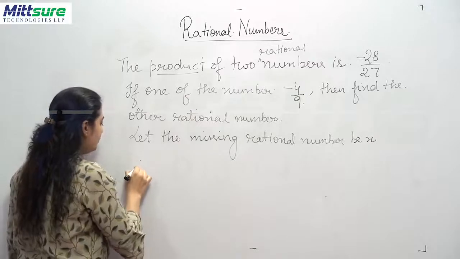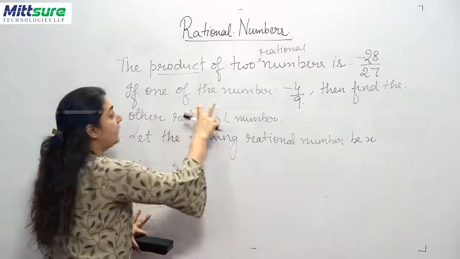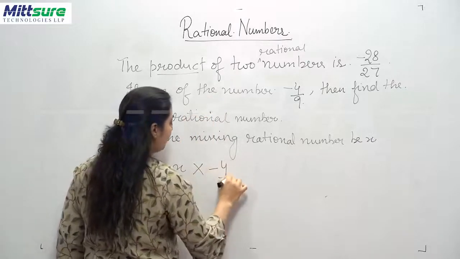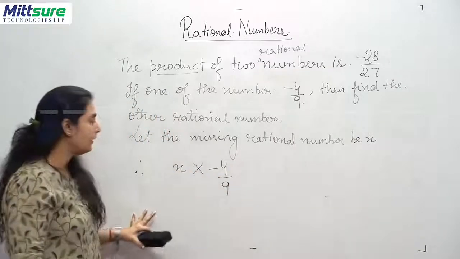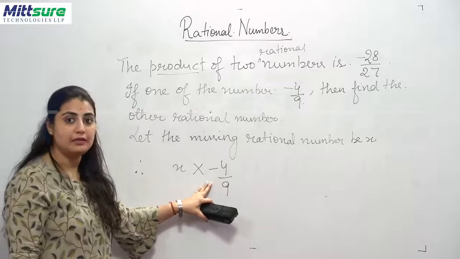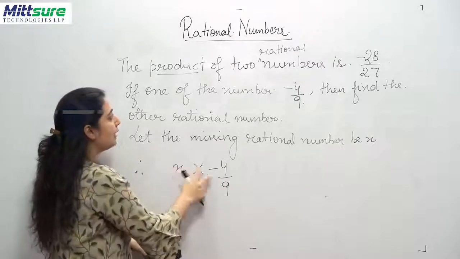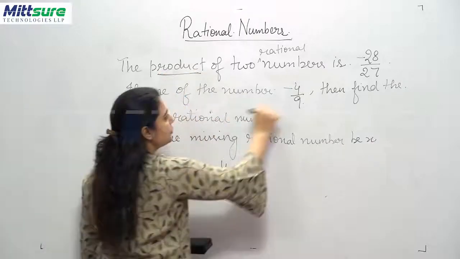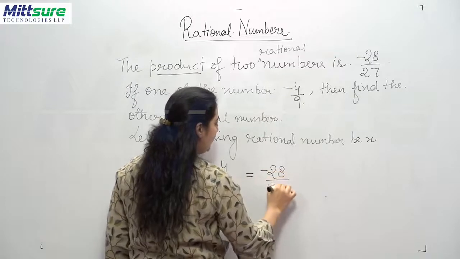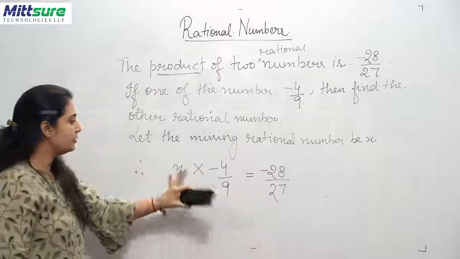According to the question, x is the missing number and the number which is given to you is minus 4 upon 9. When these two are multiplied, their product comes to be minus 28 upon 27. So this is the product which you get.